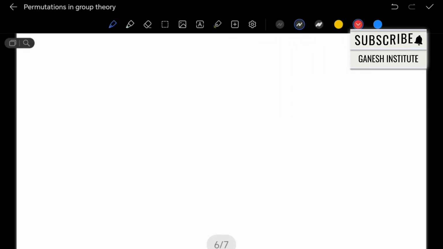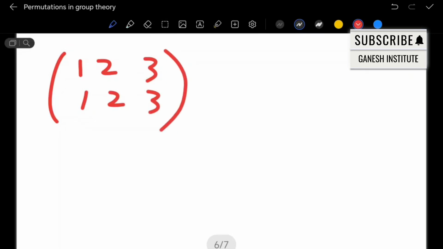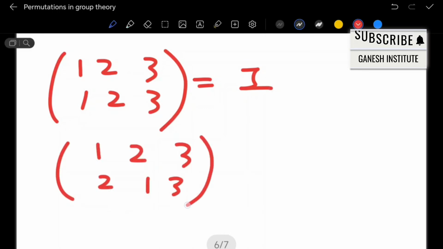One more thing I would like to tell you. If you have 1, 2, 3 and all the elements mapped to themselves, it is an identity permutation, and you can write it as I. Whenever you have a permutation where some elements are mapped to themselves, you can simply write it in a shorter form.